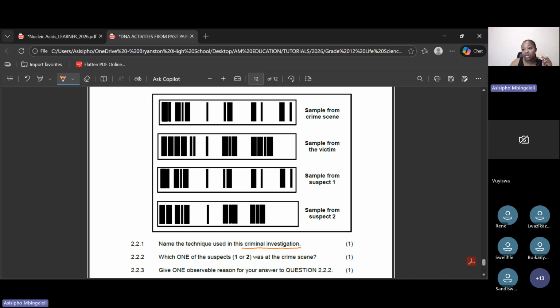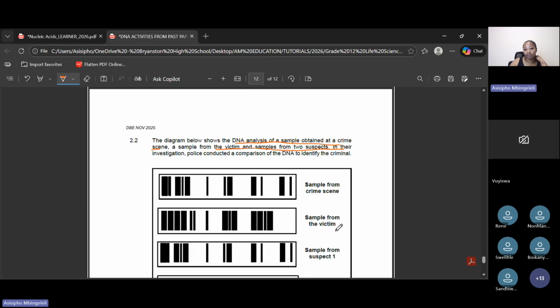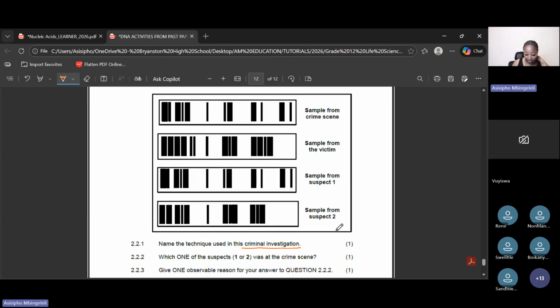What is this technique? Lulu? What is the technique here? Isn't it forensic investigation? The technique used. So this is a forensic investigation, correct? So what technique do they use in order for them to determine who is the criminal? What are we able to see here?